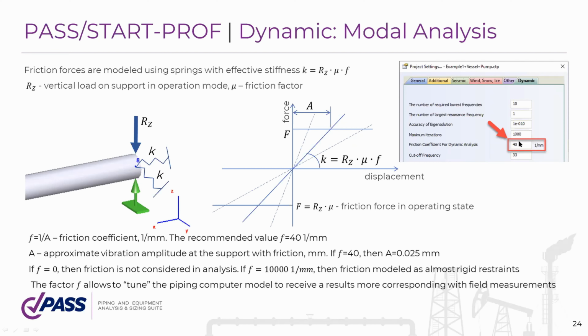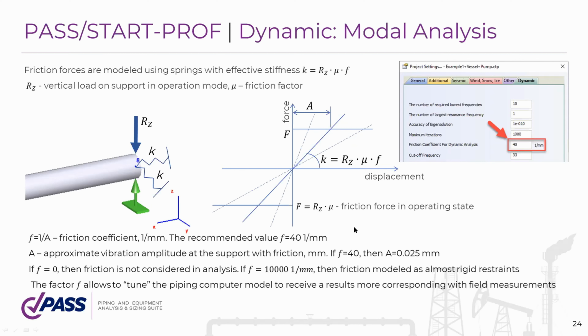You need to try different factors and find the value that gives you the most accurate results. And only after this can you consider that your model is perfect, and then you can use this model to tune your system and change natural frequencies and see how it affects the results.